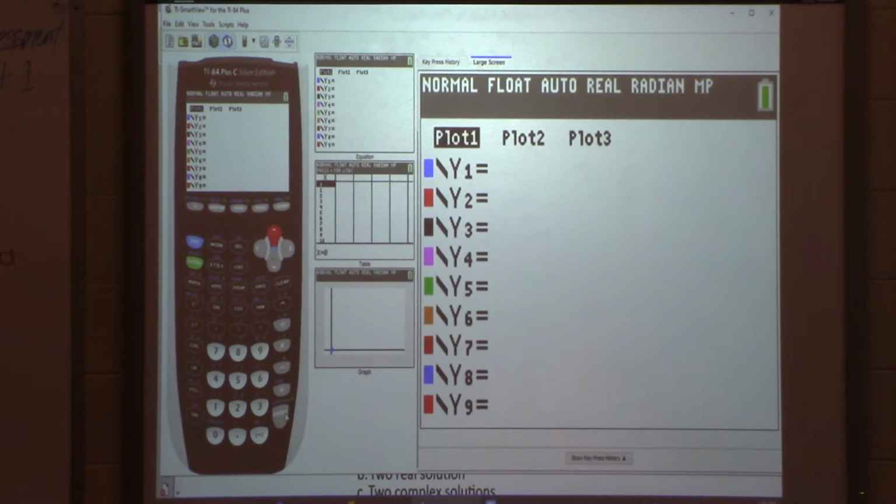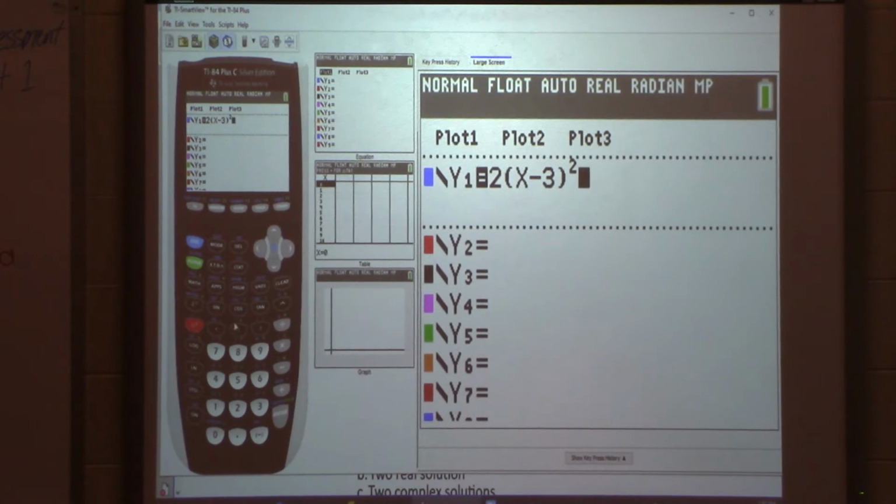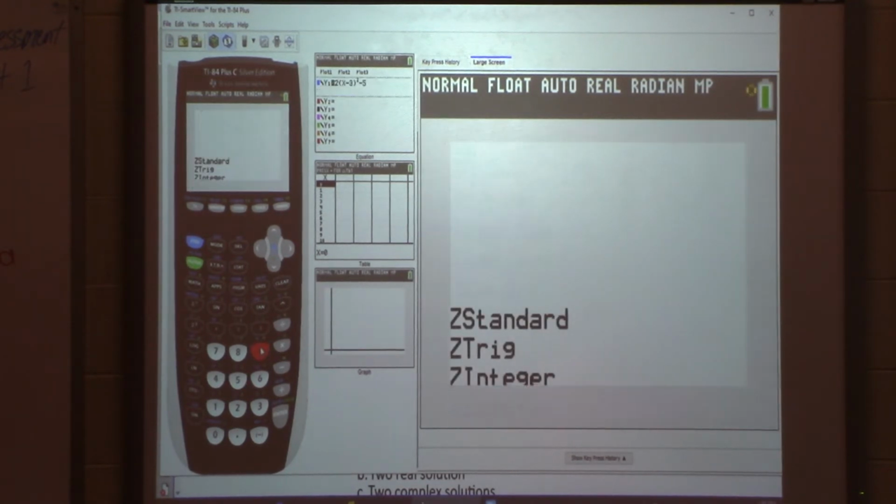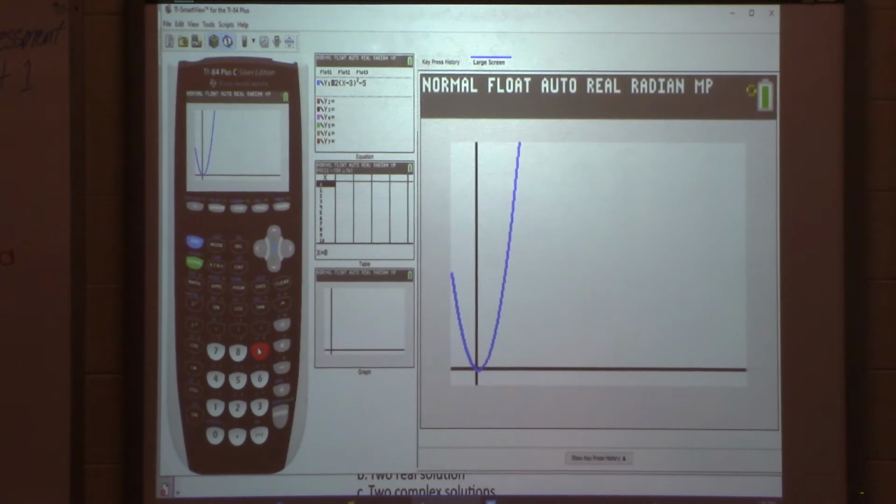We might want to go and unhighlight that. So turn your plots off. Y equals 2, parenthesis, x minus 3, squared, minus 5. Now I'm going to see, does Zoom 9 work for this as well? Let's find out. Zoom 9. It does.